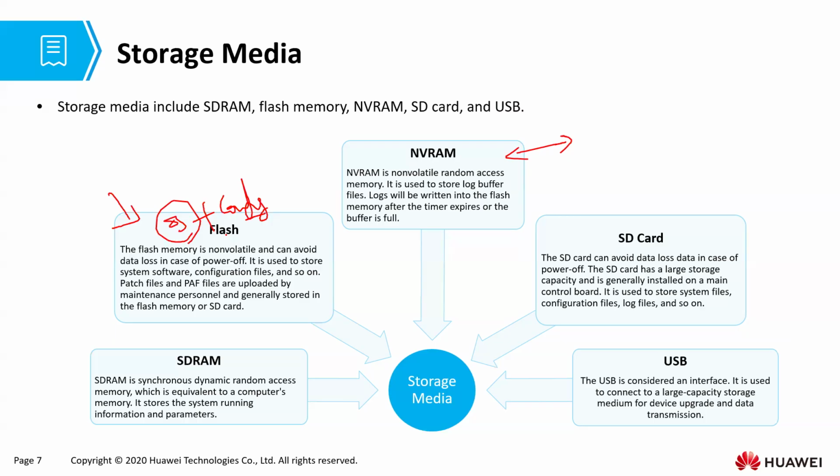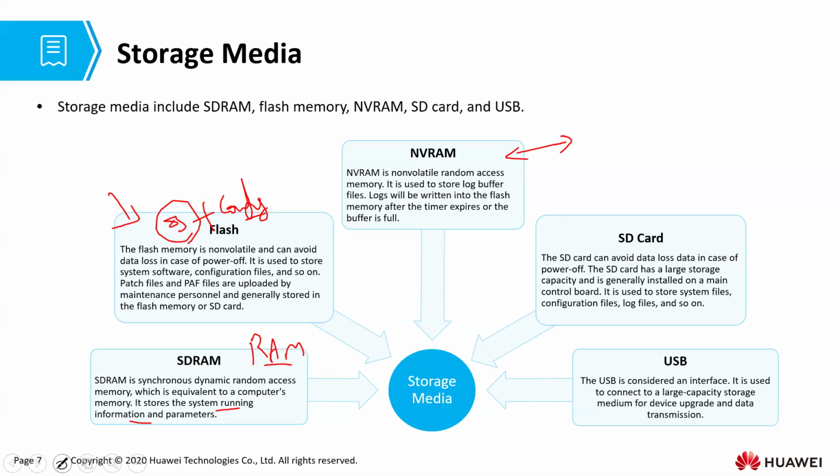Then we have the SDRAM, synchronous dynamic random access memory, which is equivalent to the computer's memory. This one is generally called the RAM, and it is used to store the running configurations and the system running information. When you are running your device, there is a set of commands giving it instructions, and that is what we call the running configuration.